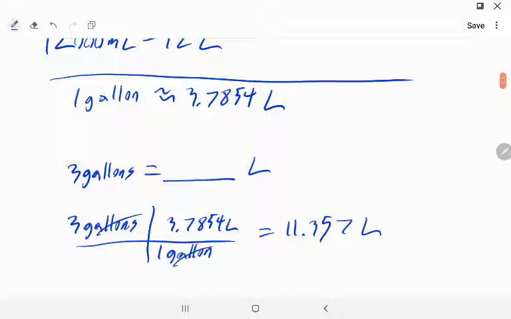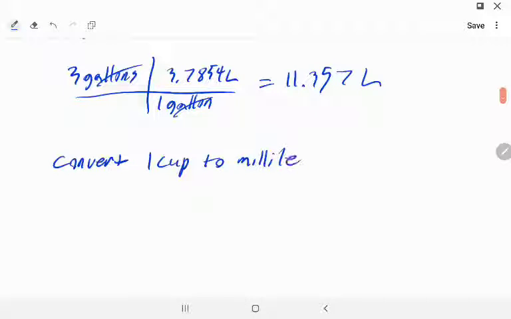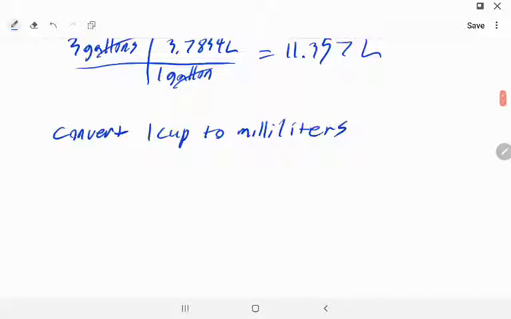And so you notice that if we had something strange, like wanting to convert 1 cup to milliliters, this is a messy process because we have to first convert cups to gallons. So you have to say 1 cup.